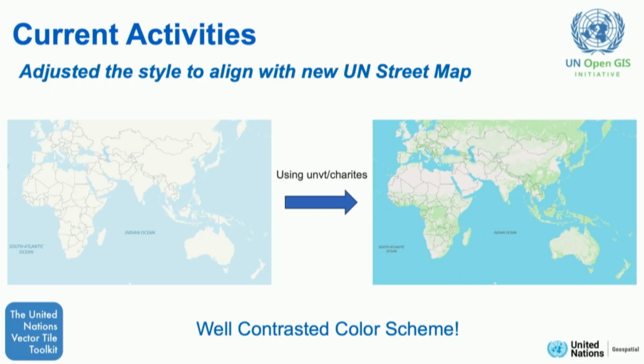A new style was developed for UNStreetMap under the S3 system, so we needed to align our style. We adjusted our style to align with it using UNVT Caritis. So we now have a well contrasted color scheme web map.